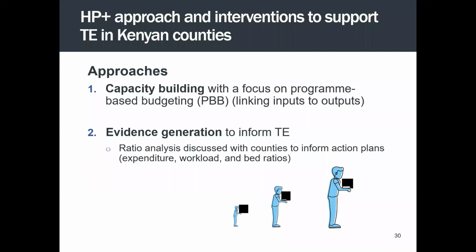And you will see shortly how this actually thinks about technical efficiency in advance by linking inputs to outputs. The other approach we use is to support counties to generate evidence which informs technical efficiency. And I will be taking you through some ratios which we have used to be able to identify areas of improvement.